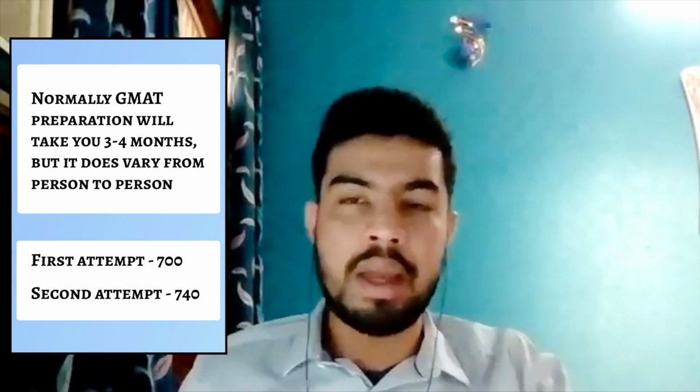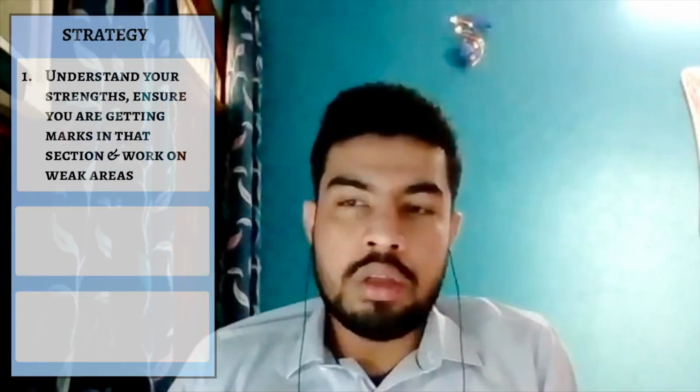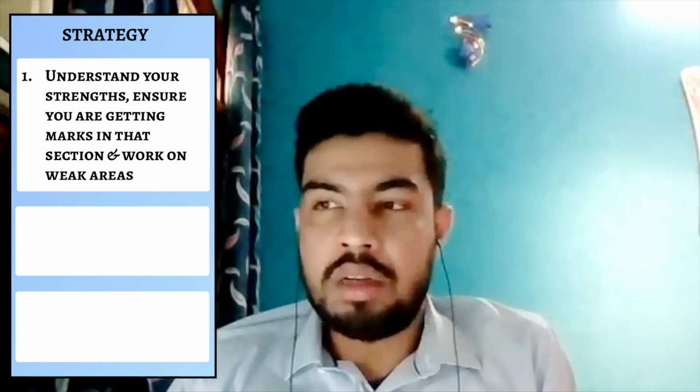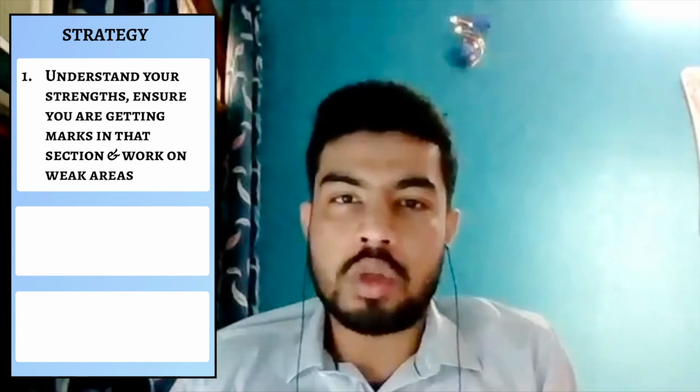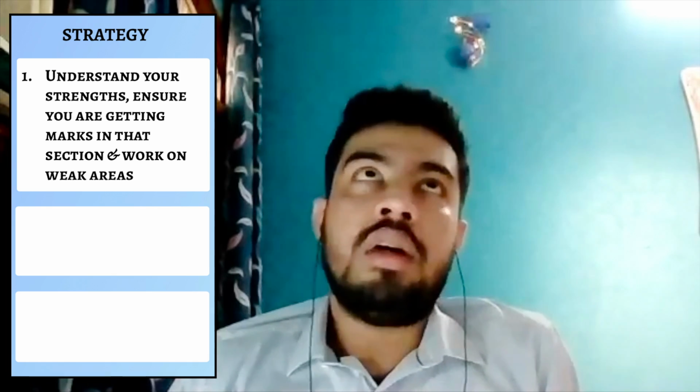My approach was to keep a constant score in my strong suit, which was quant, and improve my verbal score as much as I could. That was my whole strategy behind taking a longer time period to attempt the GMAT.